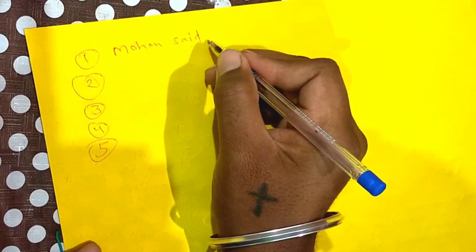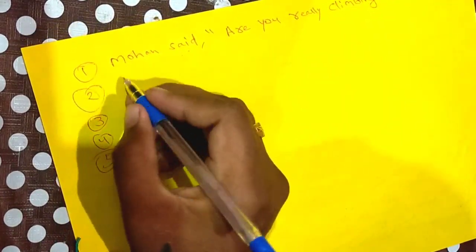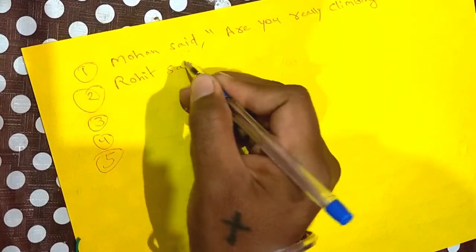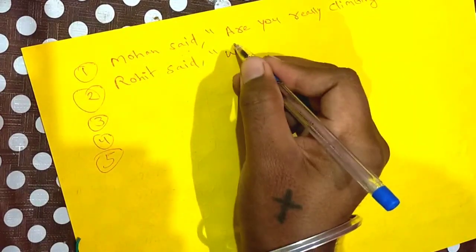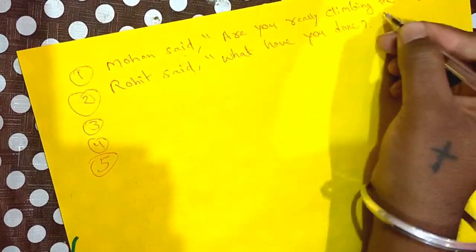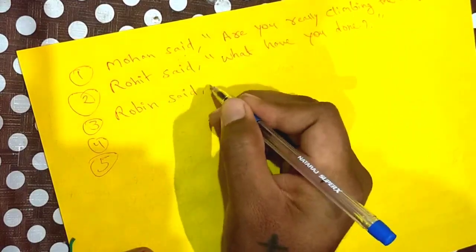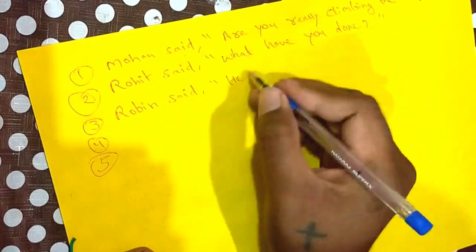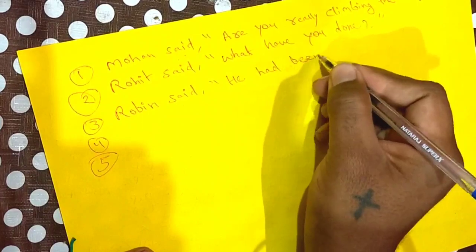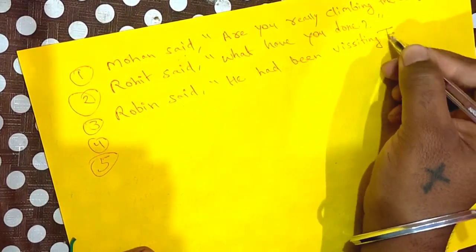Mohan said, are you really climbing the tree? Next sentence for you is, Rohit said, what have you done? Next sentence for you is, Robin said, he had been visiting Taj Mahal.